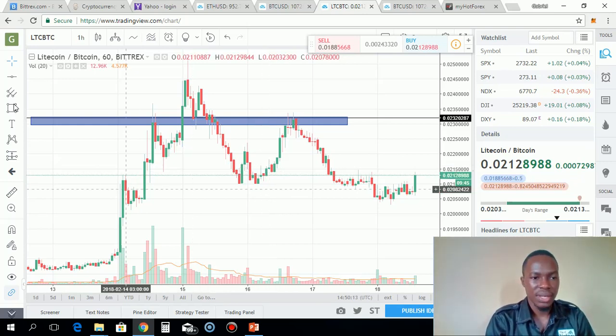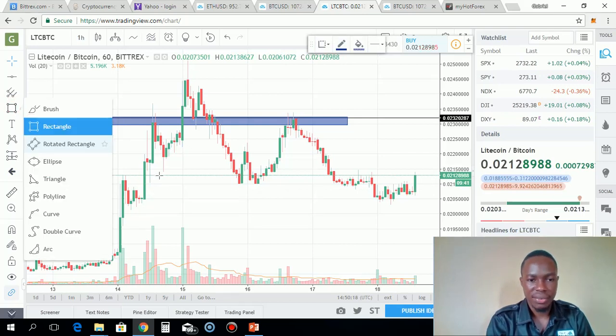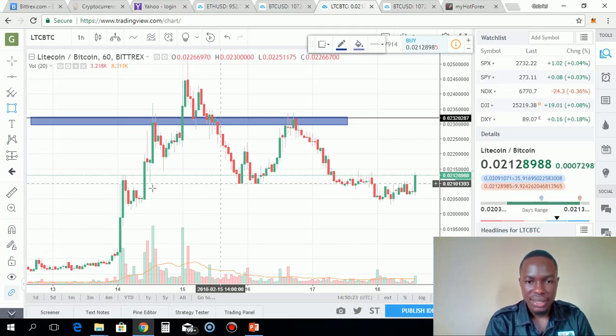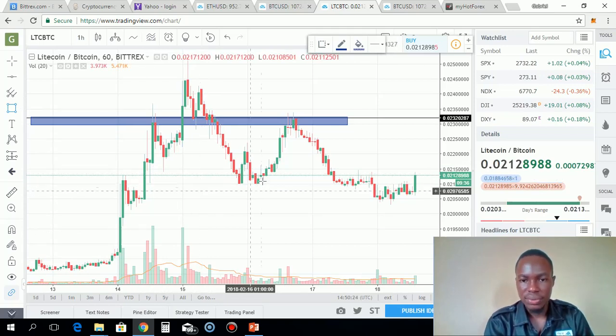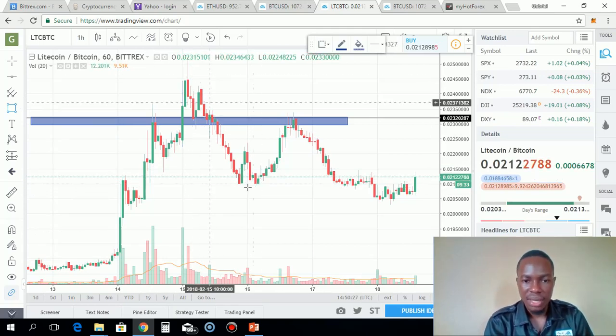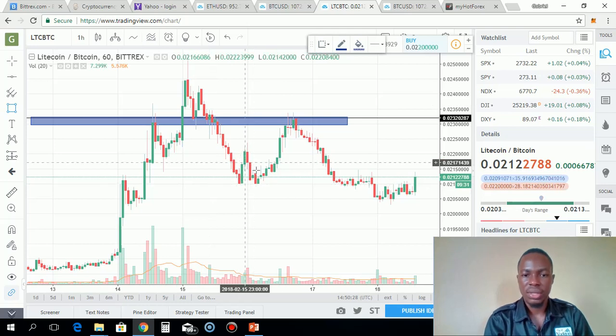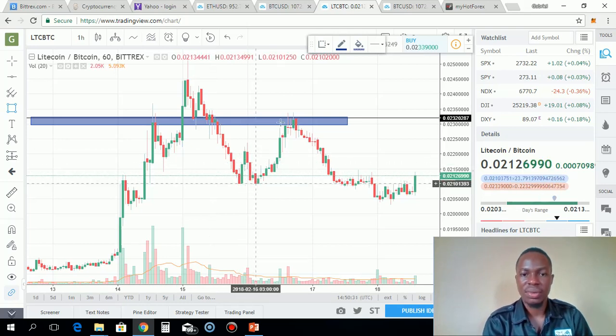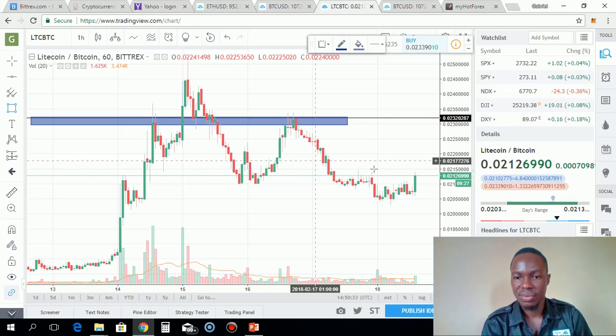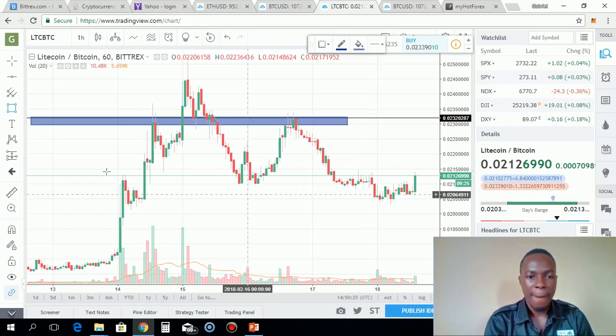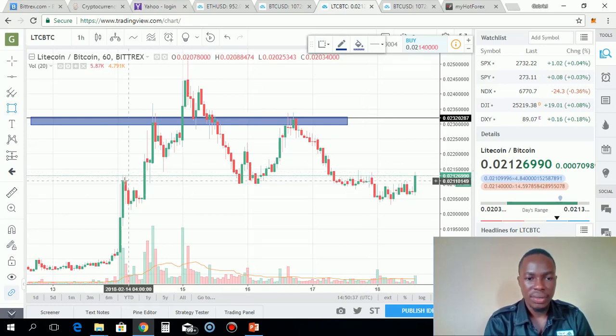In the same vein, this area here below can be known as an area of support. You can see that price is steadily bouncing off this zone. So the price comes down and bounces off and goes up again, comes down, bounces off and goes up again. And let me just draw the area for you.